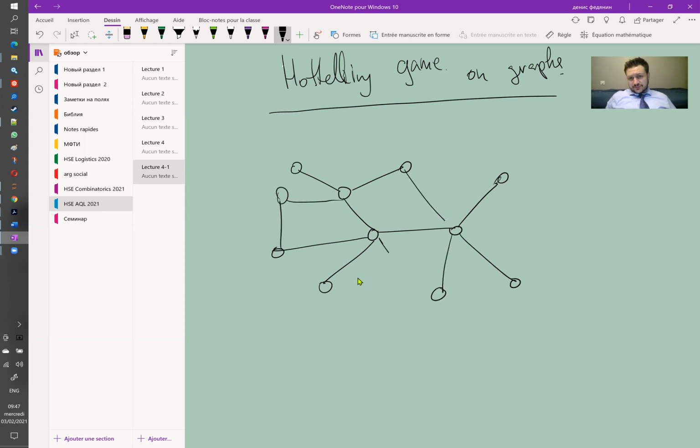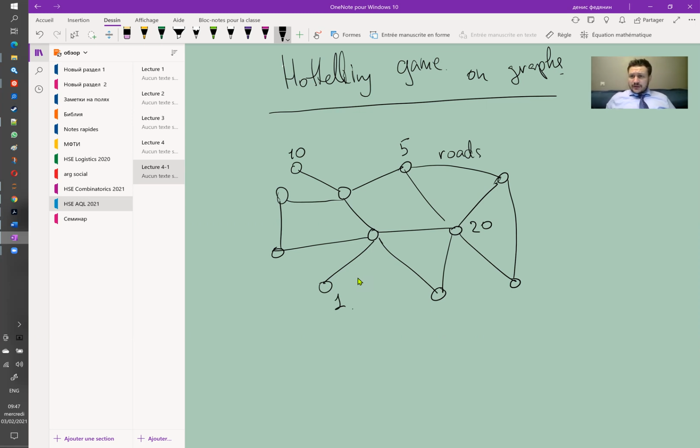And we have customers. So it's just roads here, and we have customers here. We can have uniform capacity, or we can have numbers: 10 customers here, 5 customers here, 20 customers here, 1 customer here, and so on.